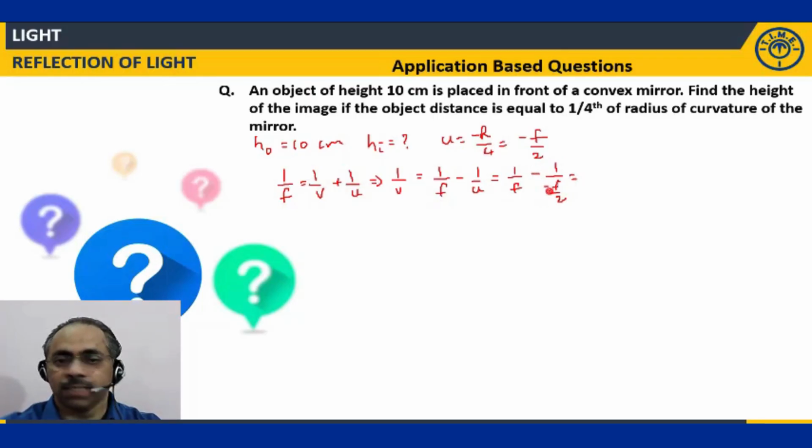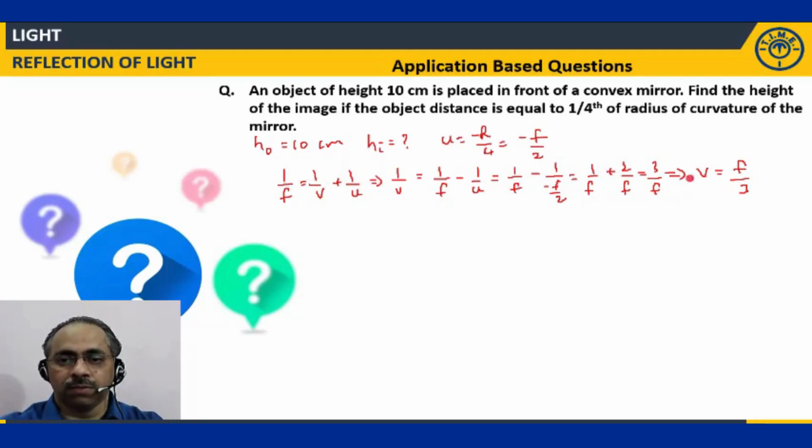So this will become minus and minus plus. So it will become 1 by F plus 2 by F. So it is nothing but 3 by F. Okay. So this means that V is equal to F divided by 3.